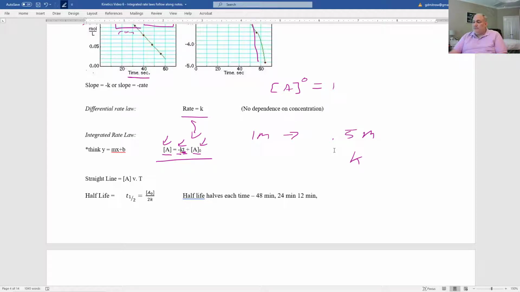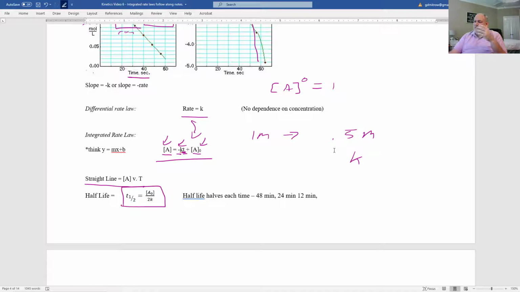Now, super fun fact, I've written this in this table so you can have it later. A straight line is always going to be concentration versus time for a zero order, and the half-life equation is this right here: t1/2 is equal to A naught over 2k. This is important because another way we can identify a zero order is the half-life.